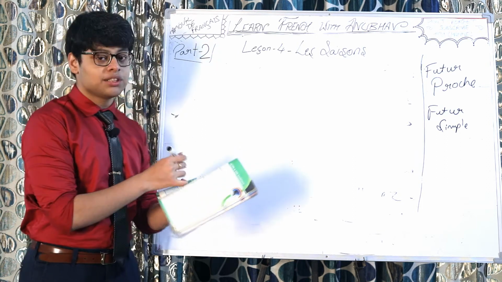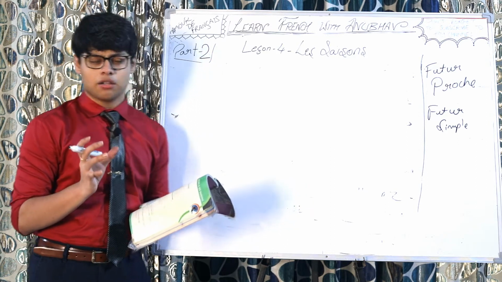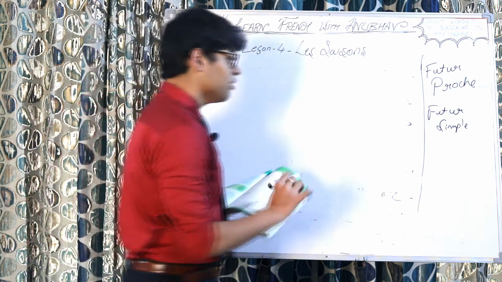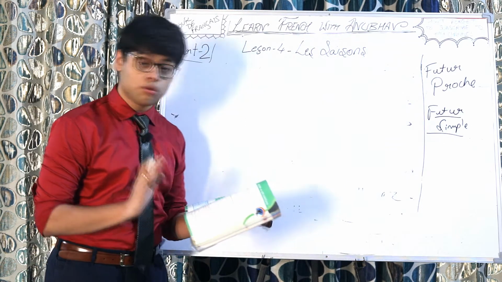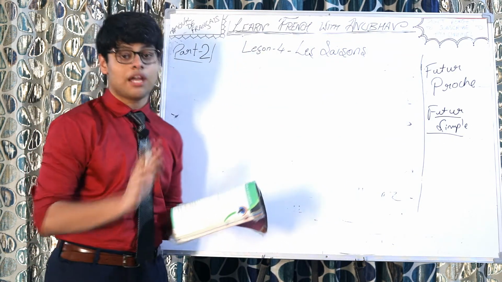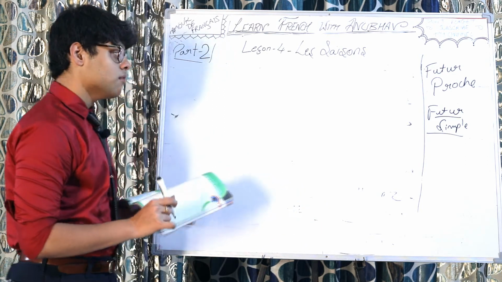Now these all exceptions are in futur simple where the stem part is not the infinitive, it's something different. So again, it's done in the futur simple video. I won't be doing it now due to the time constraint. So futur simple video, you can watch it, it's really very important to have a look at it.